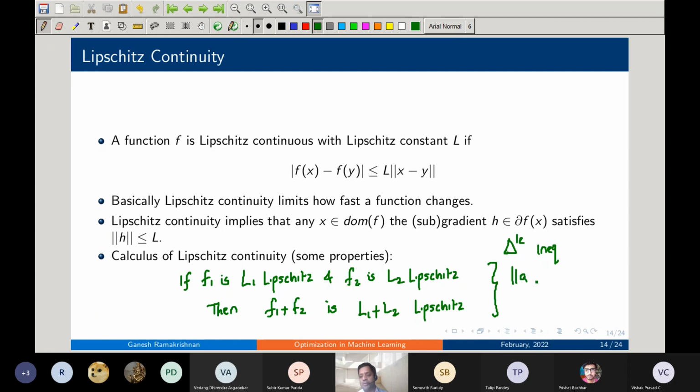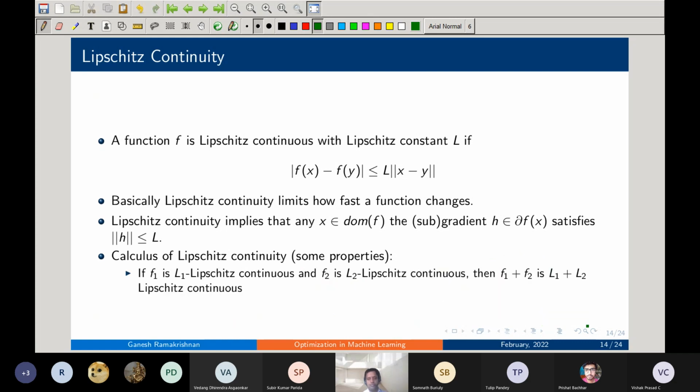What other properties can you think of? Any other property? How about product?